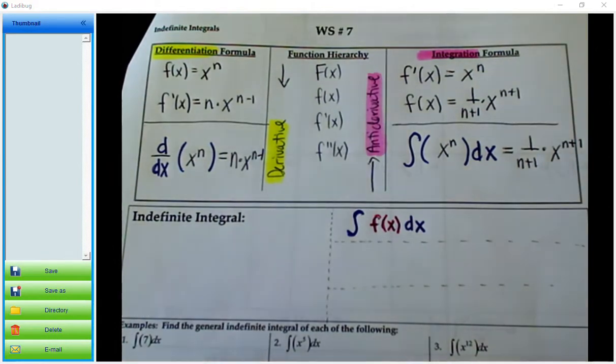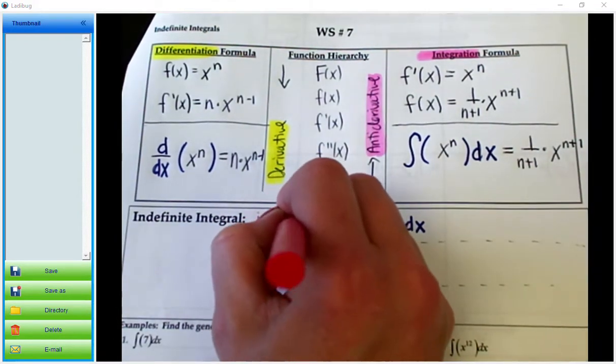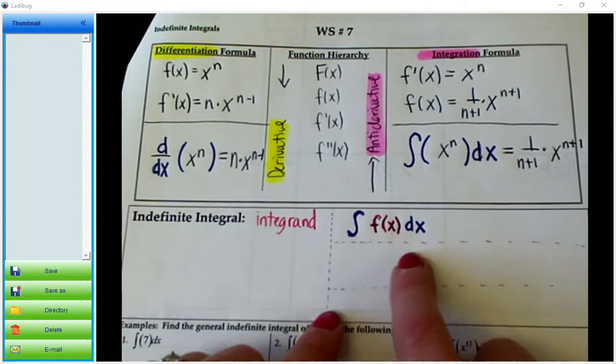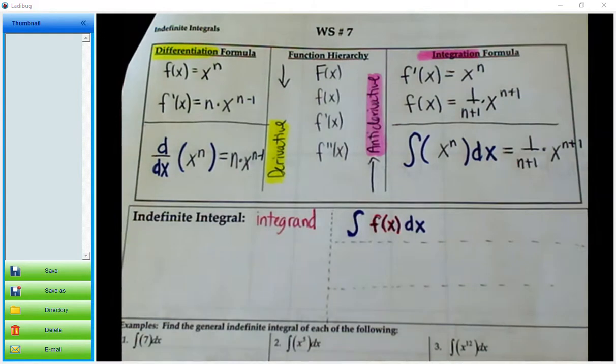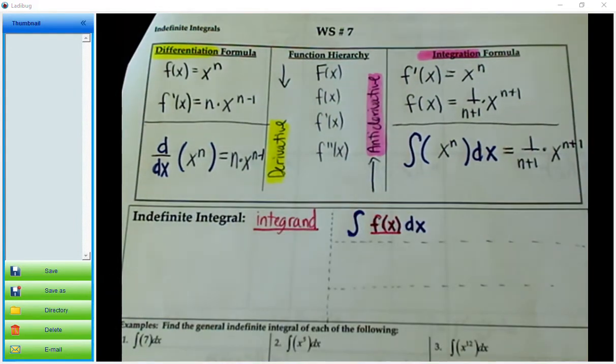This is called the integrand. When you have radicals, the thing under the radical is called the radicand. When you have an integral, the thing inside the integral is called the integrand. It's just a vocab word to tell you the piece of this that I'm talking about. Right? That part is called the integrand.